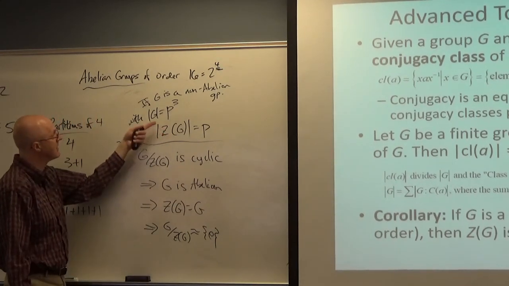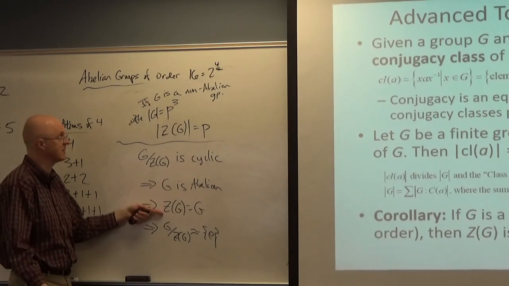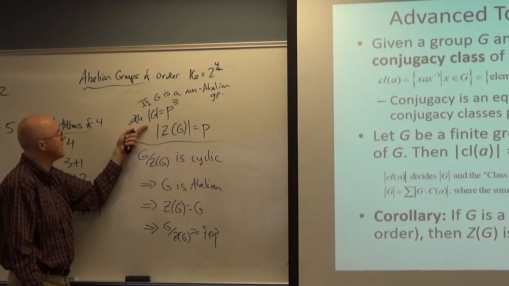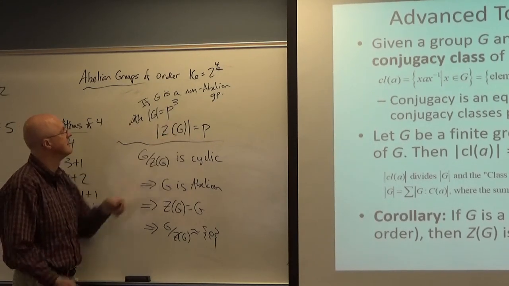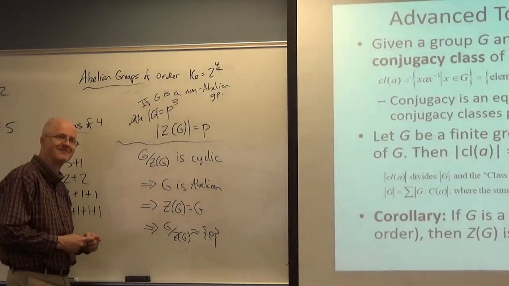Because if it equaled p squared, then the factor group would be cyclic, which would mean this was true and G would be abelian. That would be a contradiction. So you can conclude, for example, that non-abelian groups of order p cubed have to have centers that are cyclic. That might be useful. Okay, another tool.